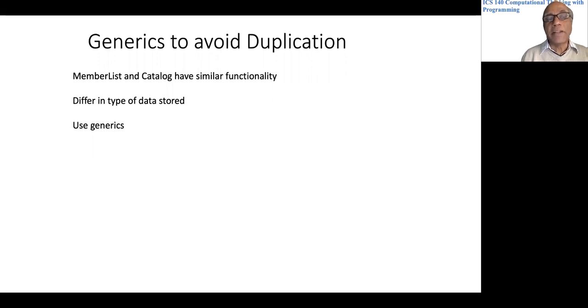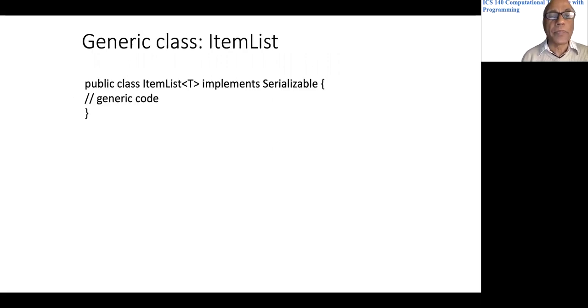But we can use a generic type to say what kind of data that we are storing. So we invent a new class called item list that implements serializable, and we will put generic code here to store items of type T, and T is passed as a parameter to the class.